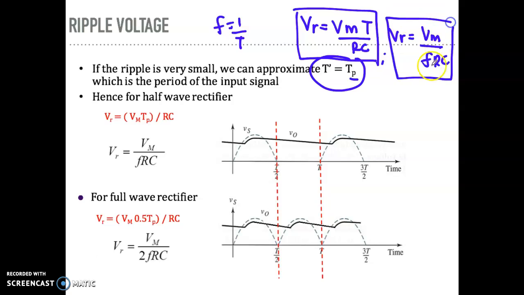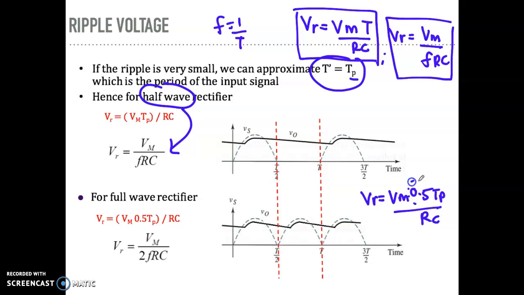What is R? Resistor at the load. C is the capacitor value. Vm is the amplitude. VR is the ripple voltage. So for half wave rectifier, you have this formula. But for full wave rectifier, you have VR equal Vm 0.5 Tp over RC.